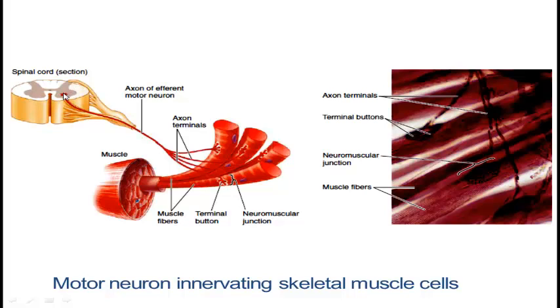So what concerns me in this module are these cells which lie in the anterior horn of the spinal cord and form the anterior horn cells.